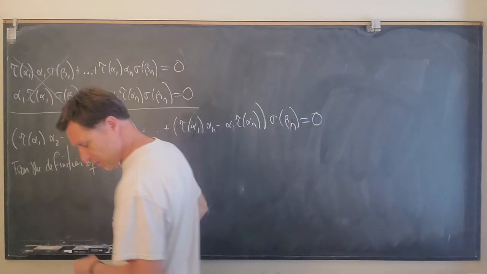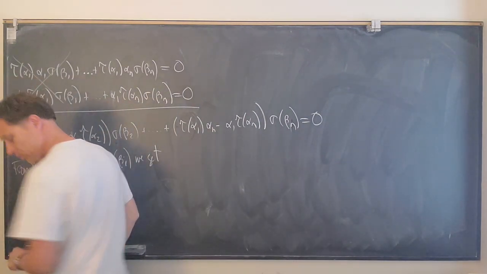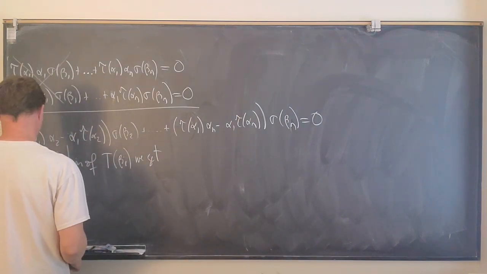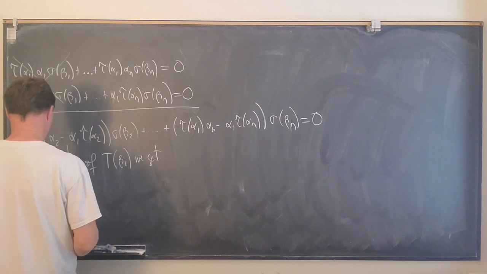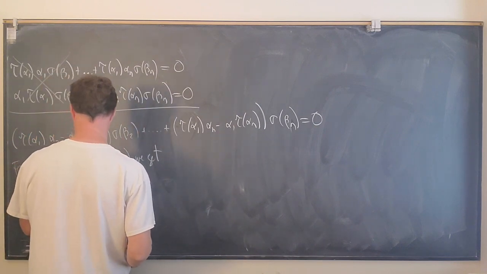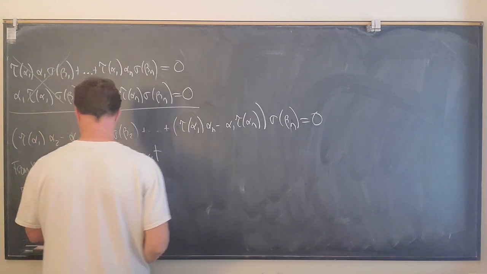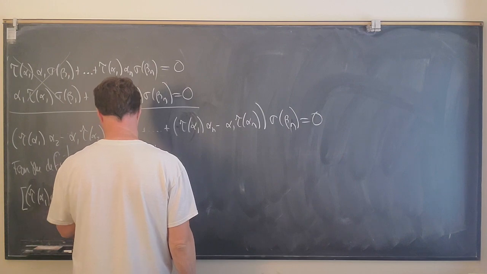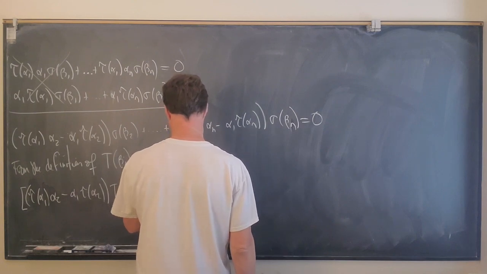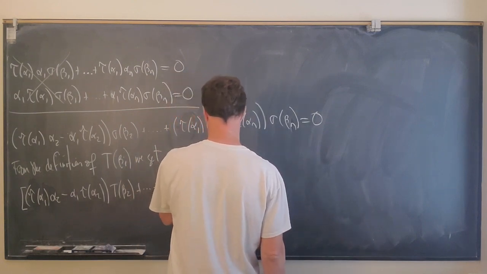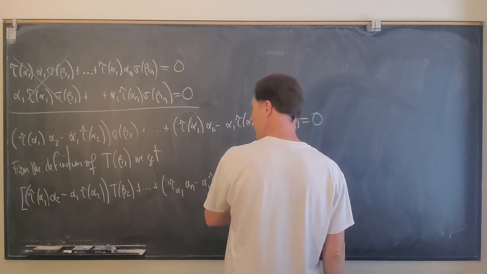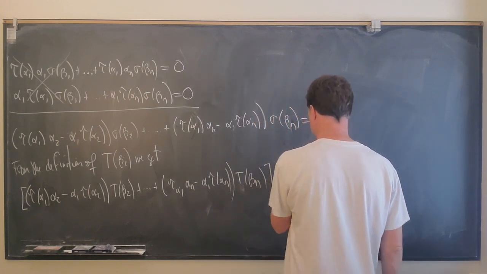And so let me just write this down. It's going to be tau alpha 1 alpha 2 minus alpha 1 tau alpha 2, in parentheses, times T of beta 2, plus dot dot dot, and then we'll have tau alpha 1 alpha n minus alpha 1 tau alpha n, but replace this with T of beta n, and then all of this applied to sigma, and that's equal to 0.